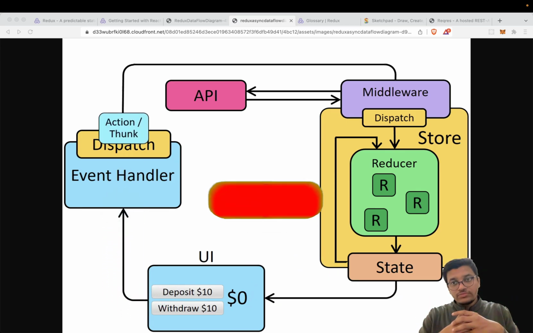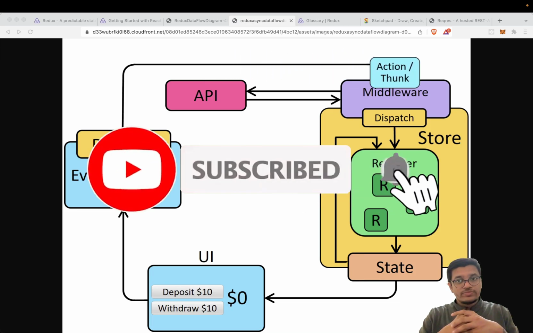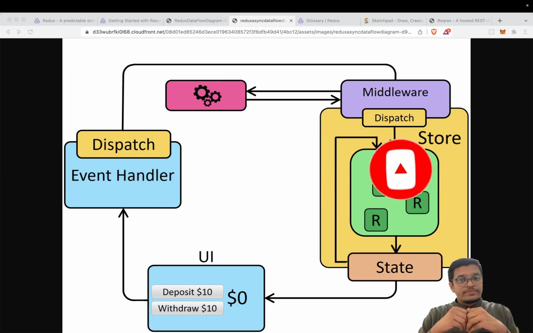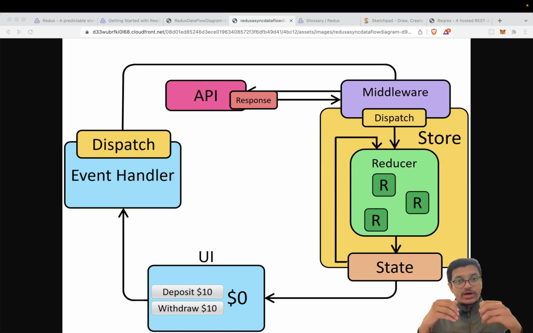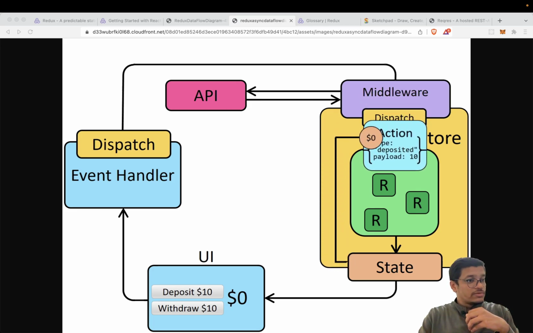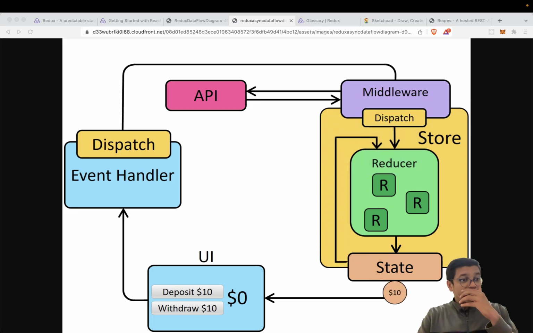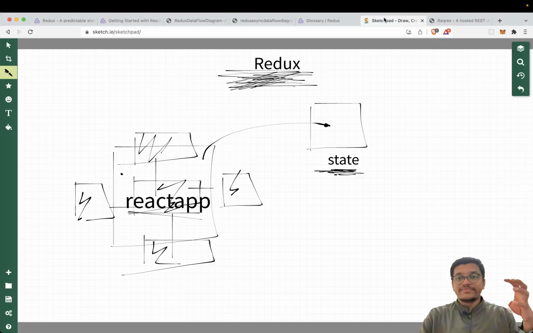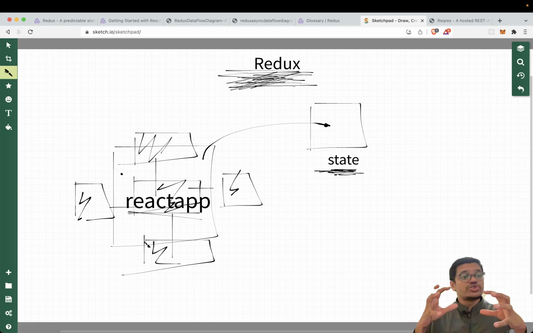Now let me revise point by point what we are trying to achieve. We are trying to achieve something called global state management. 20 components want to share the data, so you have decided to go with the central state.